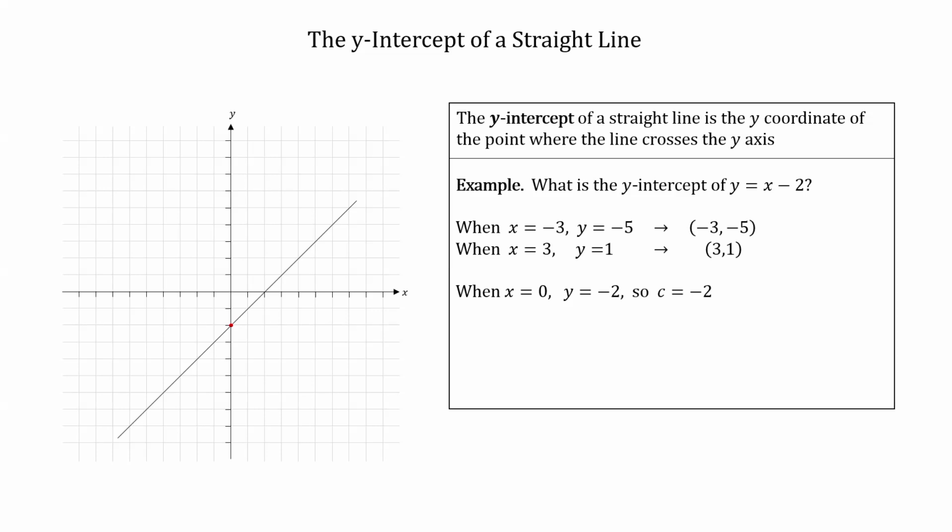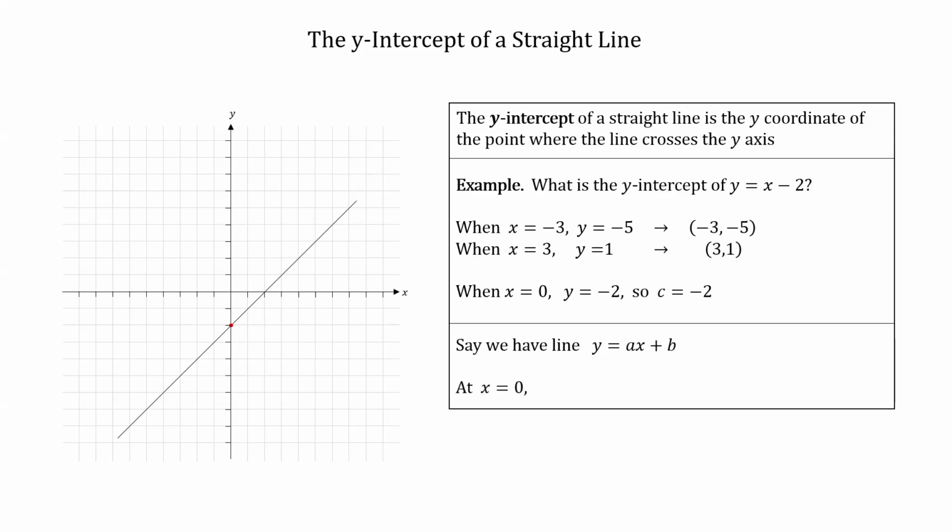Now, it's worth noting something quite important. If we look at our equation, the constant being subtracted on the right-hand side is minus 2, and this was indeed our y-intercept. This is no coincidence; this will in fact always be the case. Let's look at why that is. Say we have a general line, y equals ax plus b. This is just the general equation of a straight line.